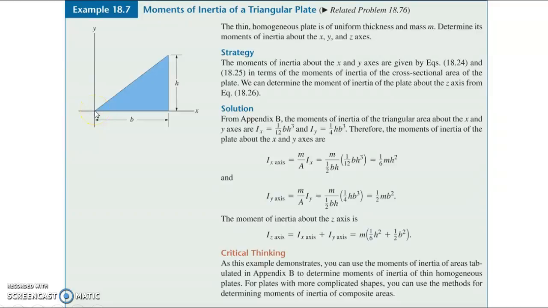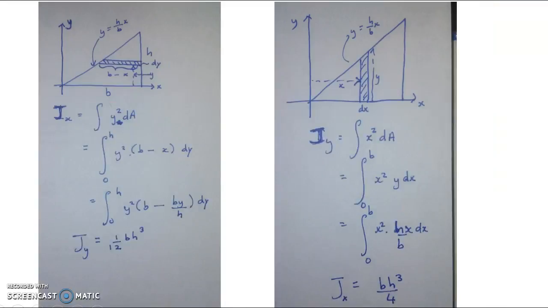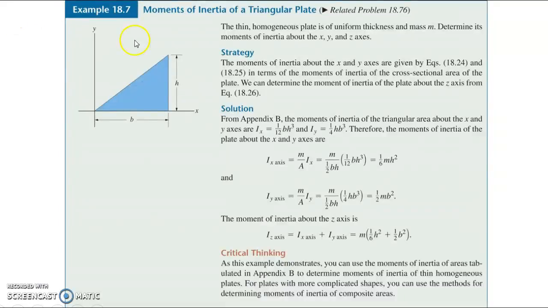Sometimes you'll hear that called the perpendicular axis theorem, but we proved that earlier. So if we wanted to find the moment of inertia about the z-axis, we can simply incorporate that perpendicular axis theorem. So here I have I_z equals I_x plus I_y.